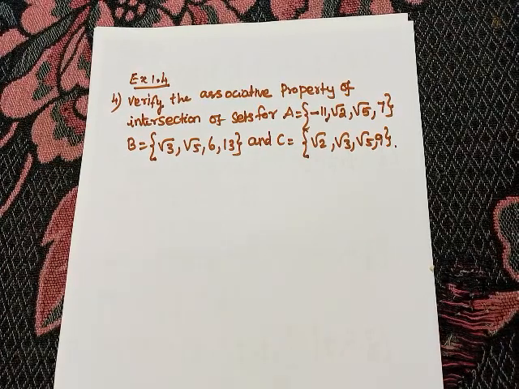The third one is homework, the associative property of set union. You have to verify the condition (A union B) union C is equal to A union (B union C). That condition you have to verify. I will explain that while telling the homework.